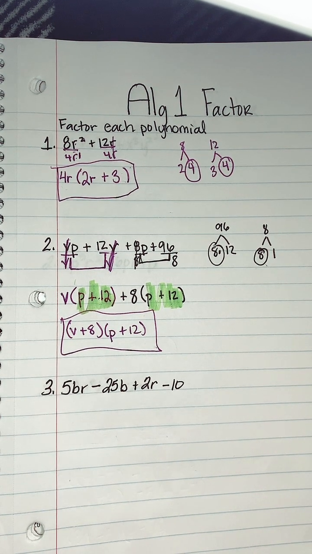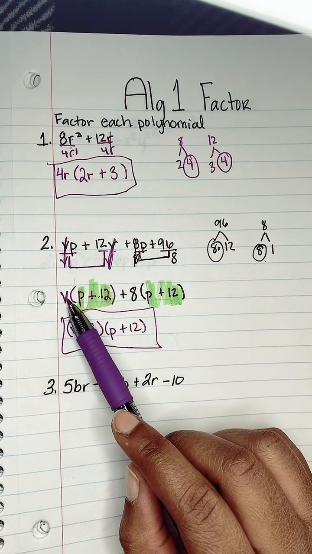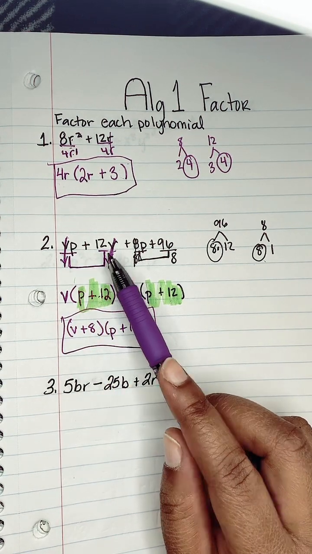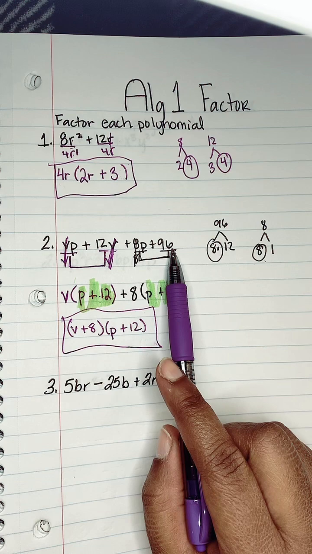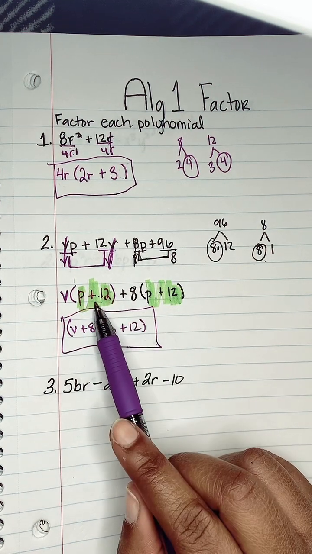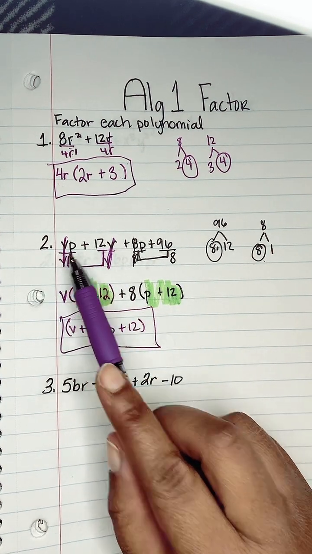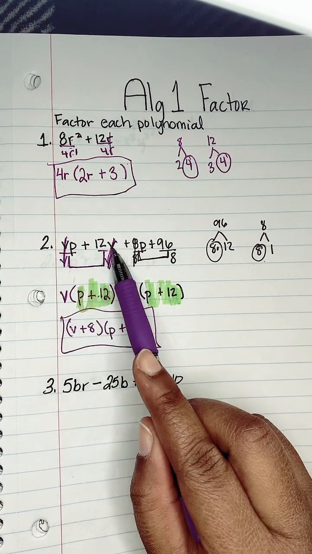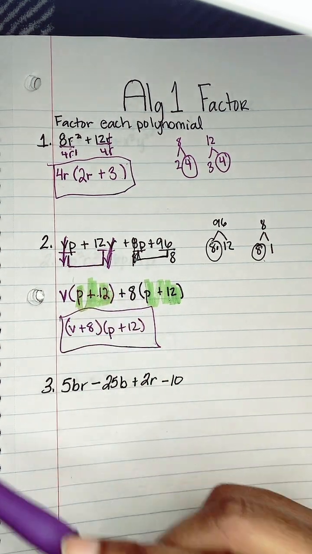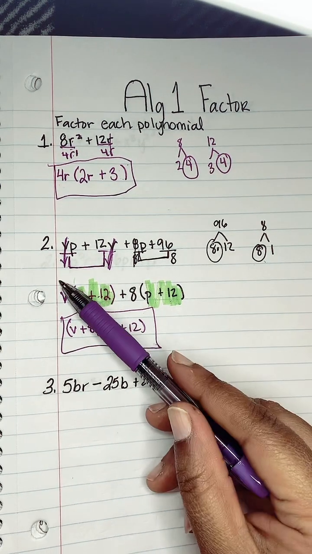Okay, let me see. There was a question. We said, why don't you make the greatest common factor 1 for the whole equation? We don't want to make it 1 for the whole equation, because if we make it 1, 1 goes into everything. And so then we wouldn't be able to factor, because we're not pulling out the greatest common factor. See, it's called the greatest. 1 is not the greatest.